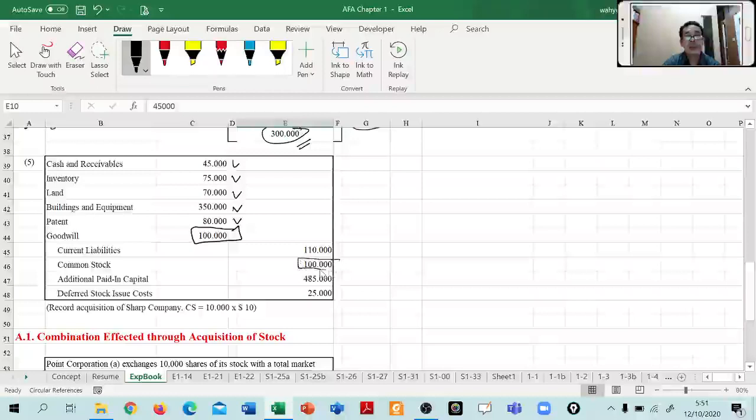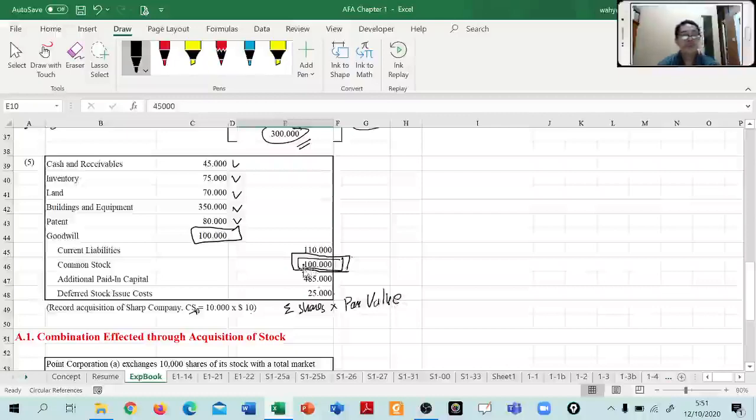It is a special calculation because common stock is calculated from 10,000 shares times $10 par value or nominal value, so we get 100,000.